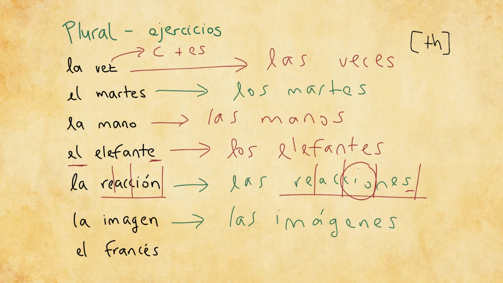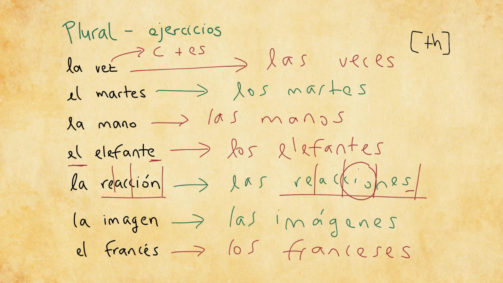Okay, los franceses. And this is again one of the cases where we omit the tilde, where we omit the accentuation in the plural form, because naturally in this word the accent is on this syllable, franceses, el francés, los franceses.